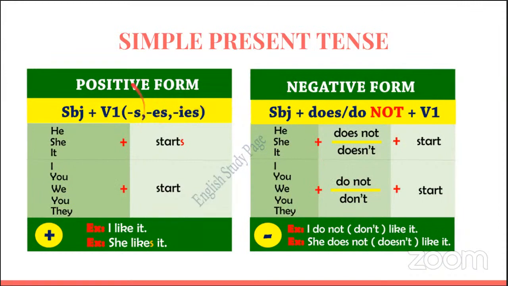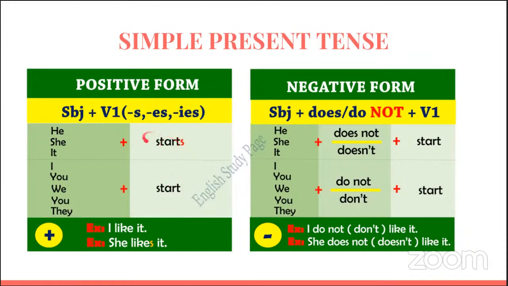Very important here that for positive statements, we are going to be using verbs, okay? But the verb is going to suffer a modification at the end because most of them are going to be ending in S or ES or even IES, depending on the spelling of the verb.